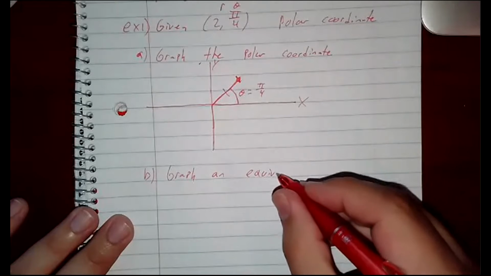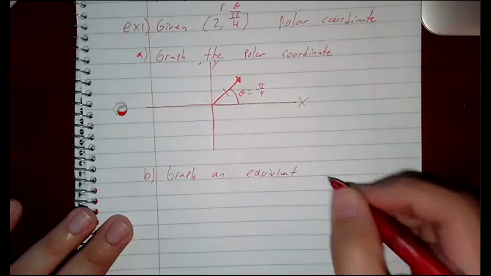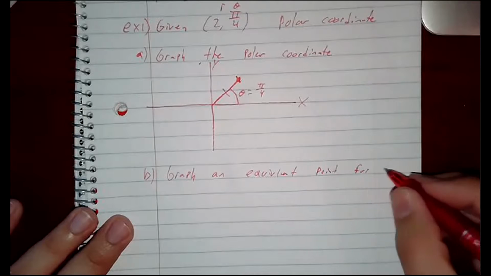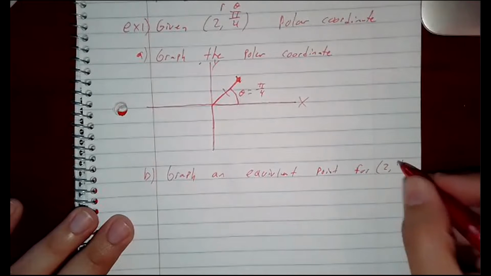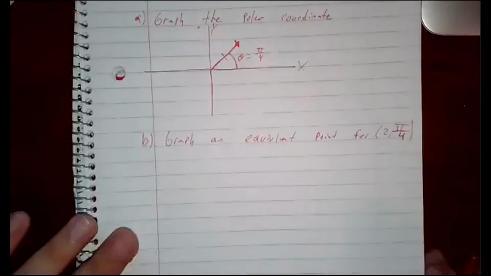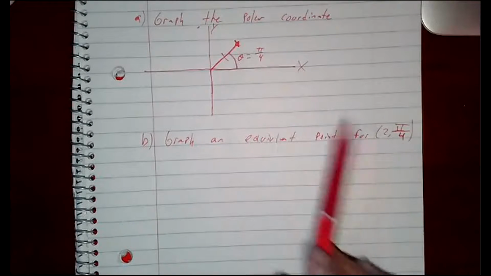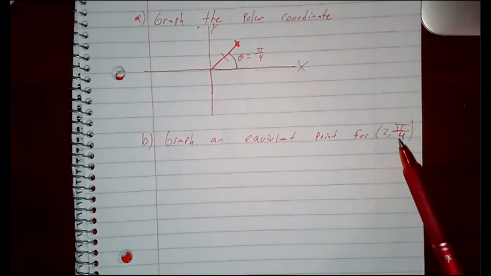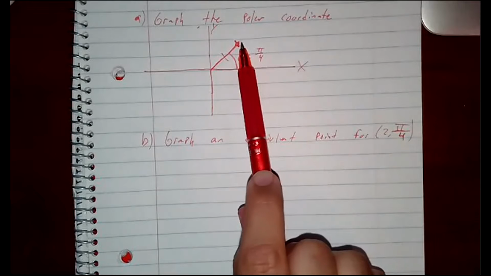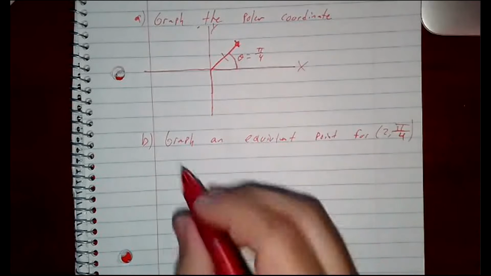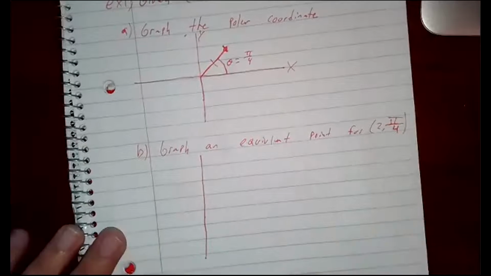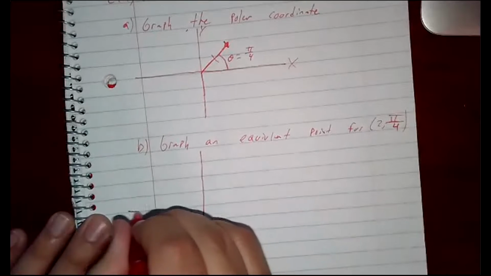It's going to be part B. Find an equivalent point. I'm going to use the same point, but I want you to find an equivalent point. So still 2 comma pi over 4, because we know in the unit circle you can use many different angles to end up in the same place, right? So what is another polar coordinate that will get me to here? There's more than one answer.